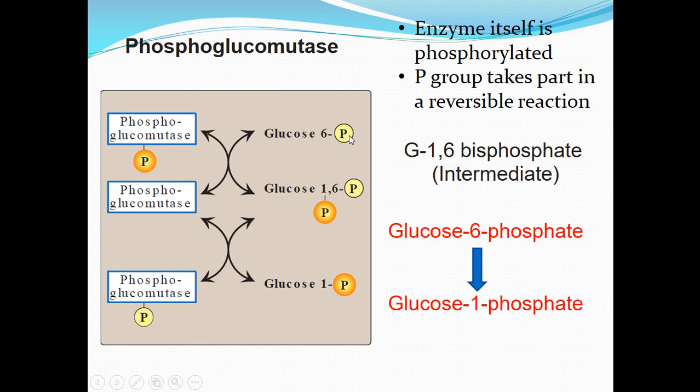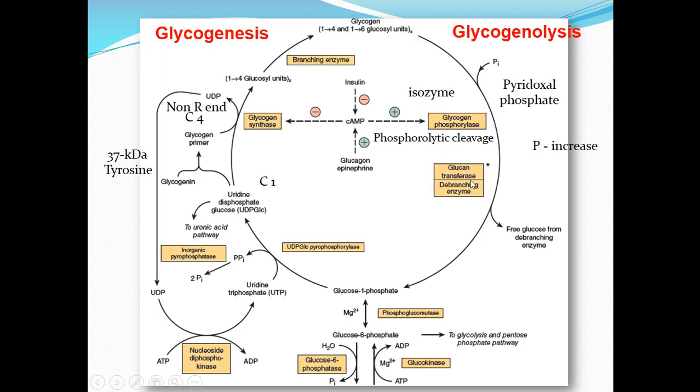Glucose 6-phosphate gets this phosphate and becomes glucose 1,6-bisphosphate, and again the phosphorylated enzyme is regenerated and glucose 1-phosphate is formed. During the conversion of glucose 6-phosphate into glucose 1-phosphate, glucose 1,6-bisphosphate is formed as an intermediate.